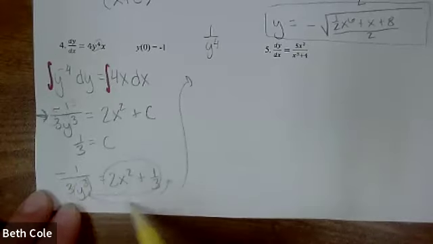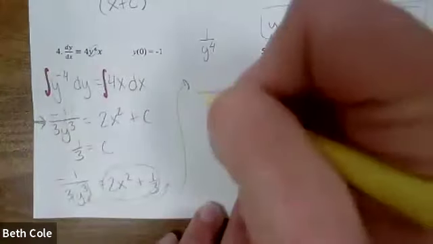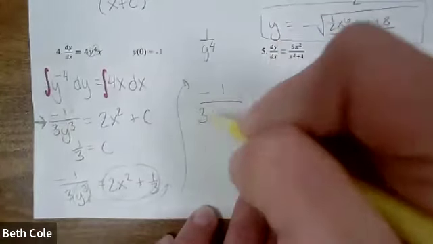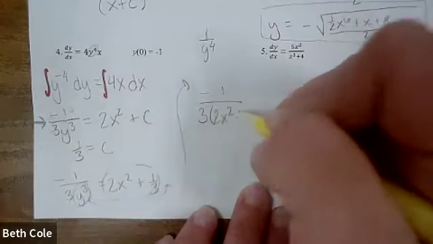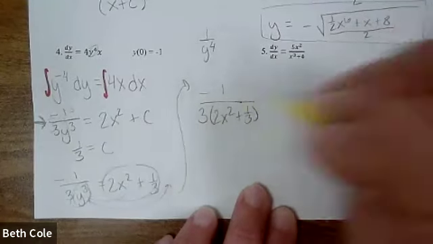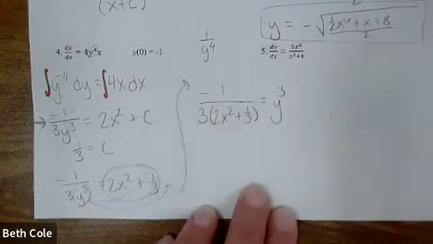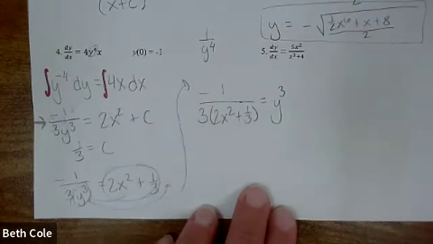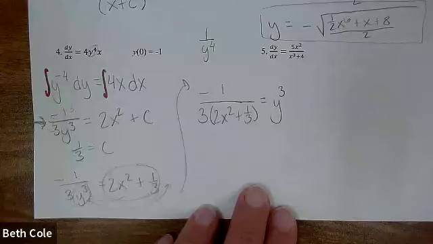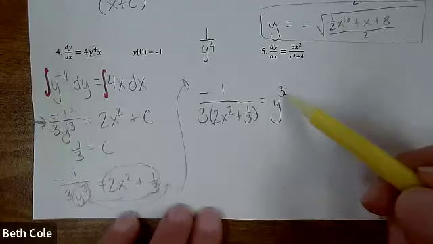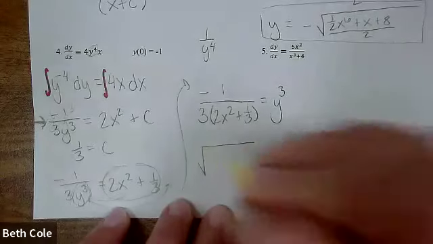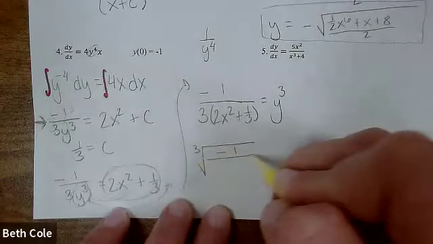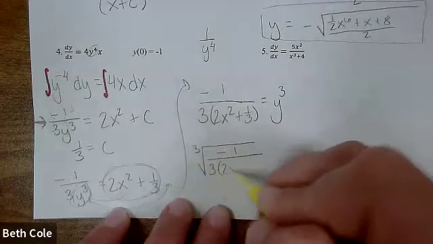It's going to look like this. And I'm not going to read the whole thing to you because that would be really annoying. It's just all of that stuff and then equals y cubed. So those items just switched places is all that happened. And then unfortunately, yes, you do have one more step to get rid of the cube root. Now, does that need a plus or a minus? No, because it's odd.